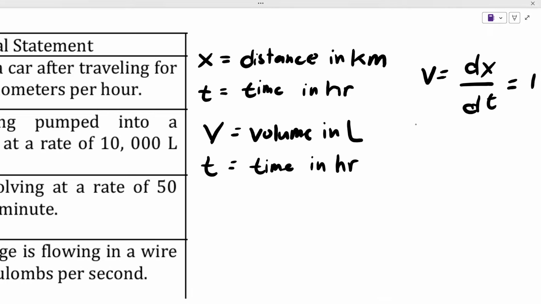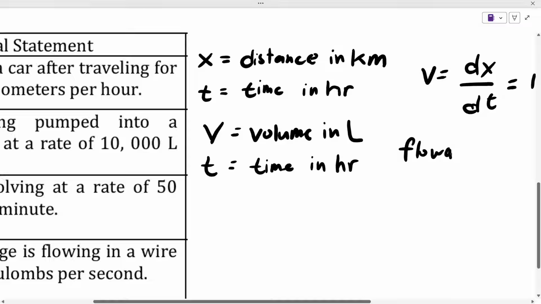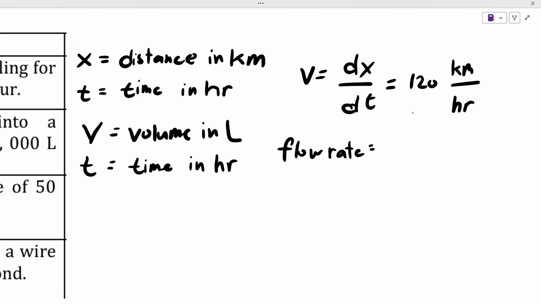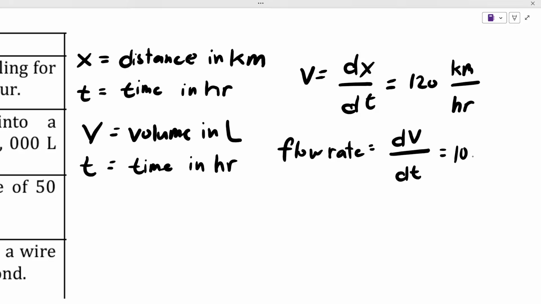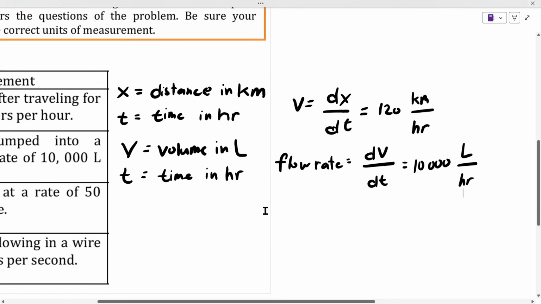As a flow rate, this is the change in volume over change in time, which is 10,000 liters per hour.